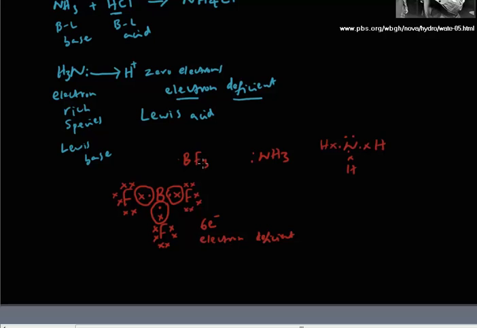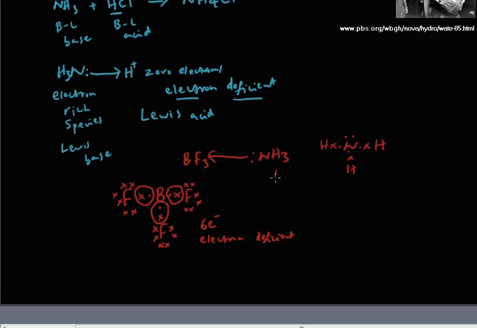So since this boron trifluoride is electron deficient, this nitrogen bearing the lone pair donates a pair of electrons to boron trifluoride. So that is 6 electrons originally. So now it becomes 6 plus 2 electrons. So now boron trifluoride is stable.